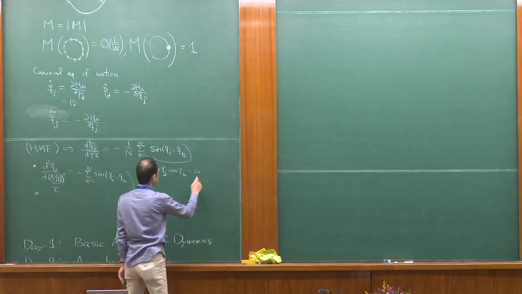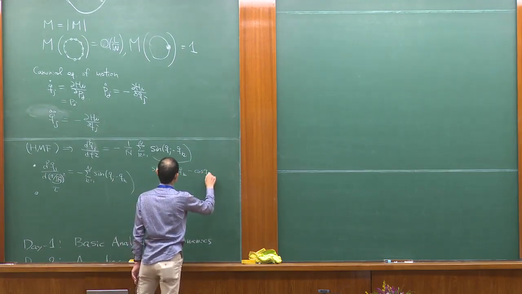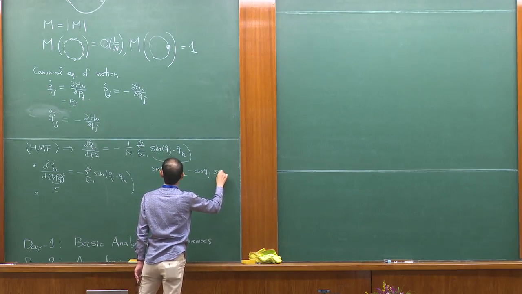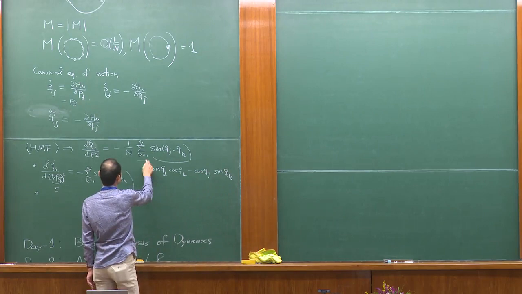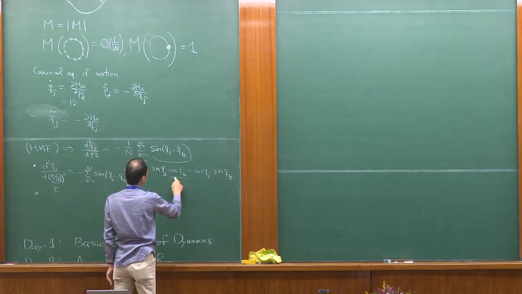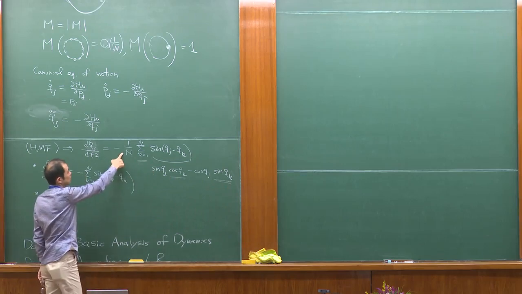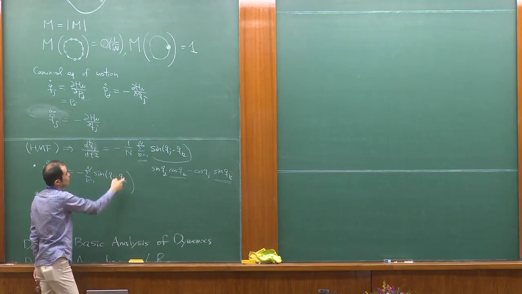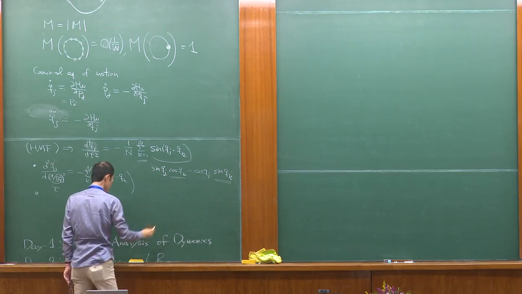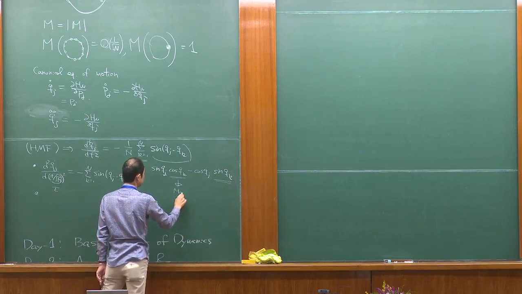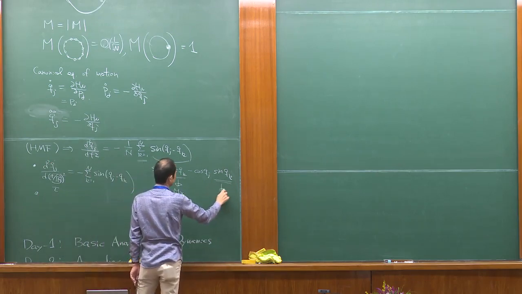And second remark is, we can expand the sine part, and the sum part acts on this and this, and then with the sums of this factor 1 over n, this part goes to mx, and this part goes to my.